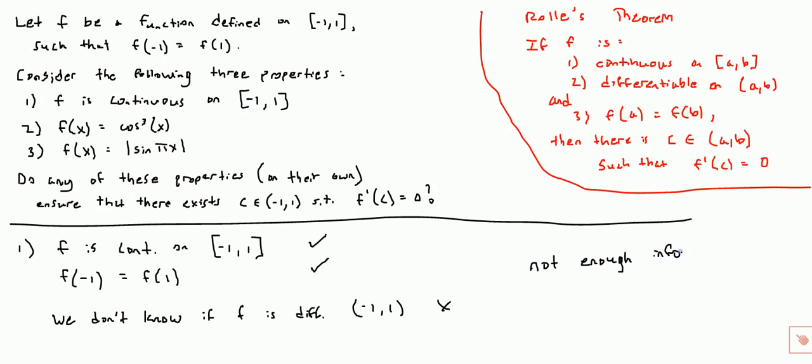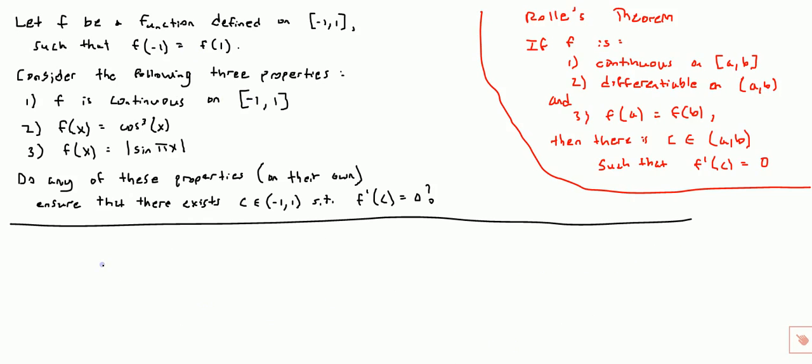So let's look at the second property. This one states that f of x is equal to cosine cubed of x. Let's check that f of -1 is equal to f of 1.